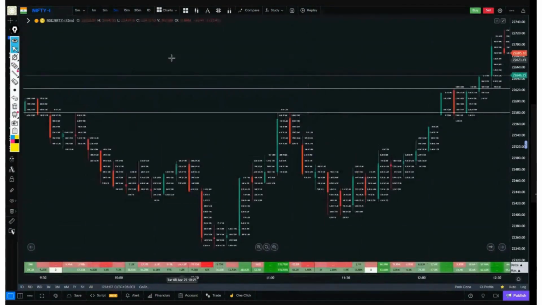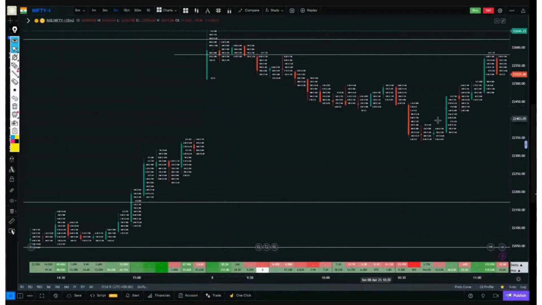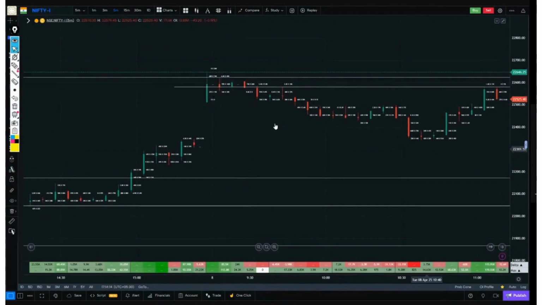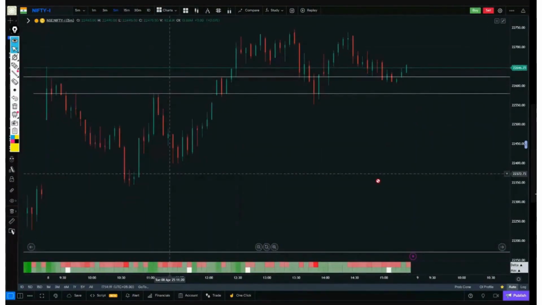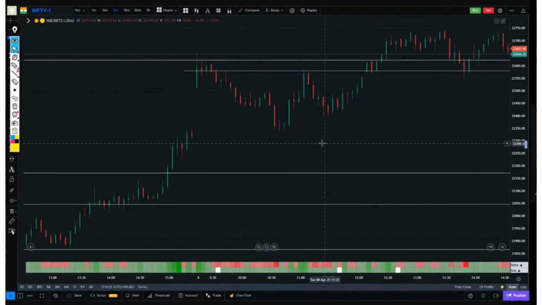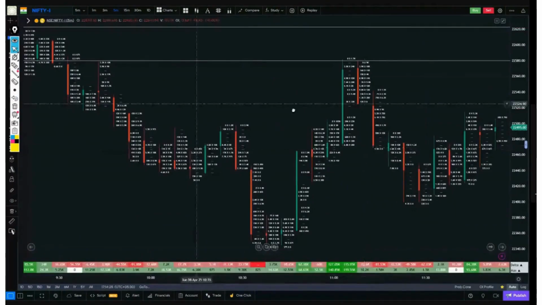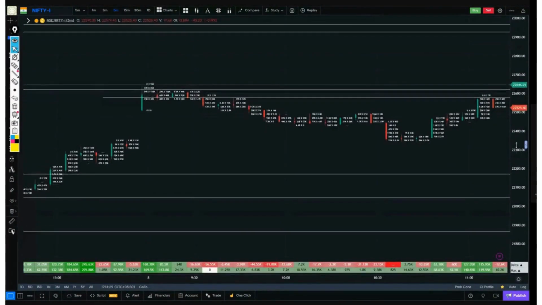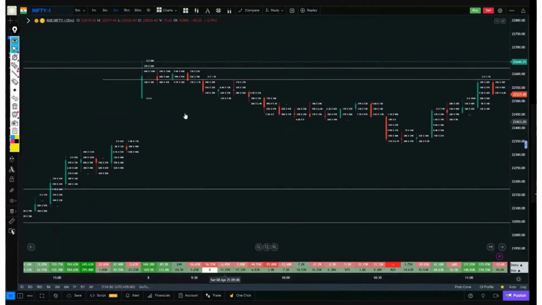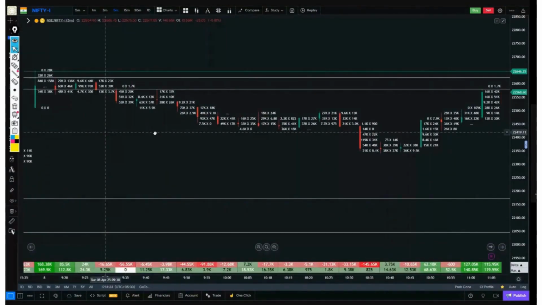To read the footprint properly, we will need help. Now, what is this delta and how can we use it effectively? In simple language, delta is the difference between buyers and sellers.